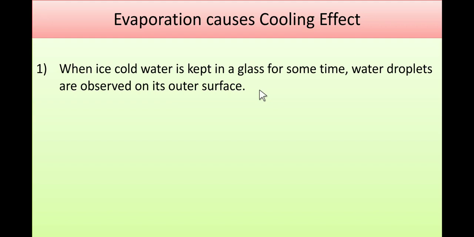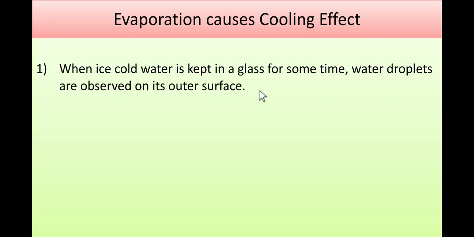This occurs as the water vapor present in the air comes in contact with the glass or cold object. The water vapor gets cooled and condensed to form these small water droplets. The formation of drops of water on the outer surface of the container shows the presence of water vapor in air.